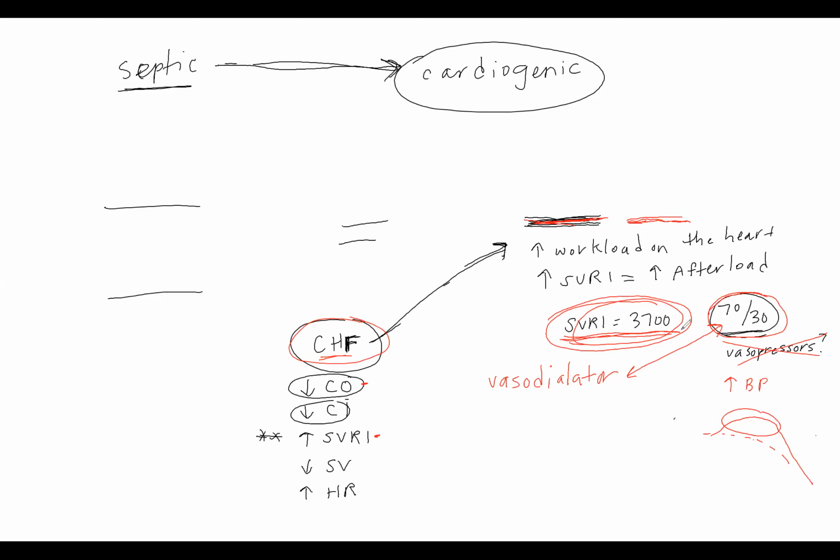However, what happens when we vasodilate this person who's very clamped down is we get them into more of a normal state. The heart that is exhausted and tired and just really wants to pump blood says, oh, thank you so much for making it less work on me. I can now actually do my job.